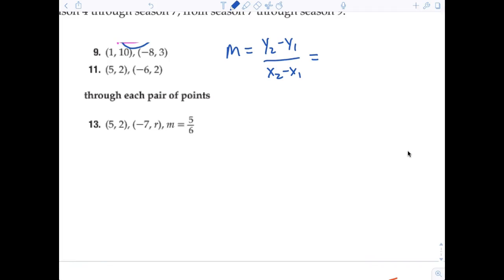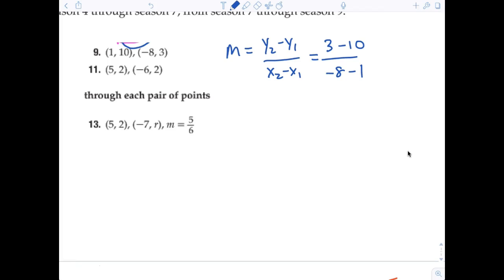All right, what is y2 minus y1? Somebody tell me. Okay, but how did you get that? 3 what? Come on. 3 minus 10. Yeah. Right? Over what? Beautiful. Is everybody happy with that? Now look, please speak up.